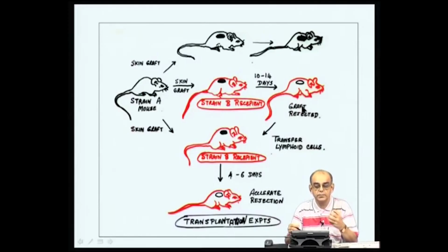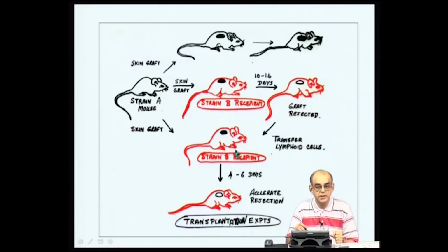take the spleen, squash the spleen, and the spleen, as you saw in the earlier slide, had a lot of B cells and T cells in it. So, if you took this cell suspension, spun them down and injected it into a strain B recipient. It is called a recipient because it is receiving these donor cells.